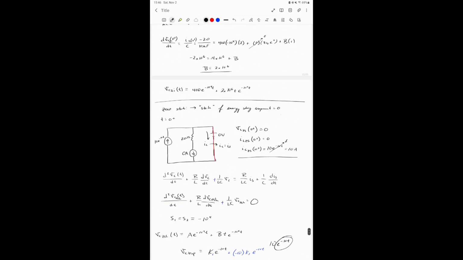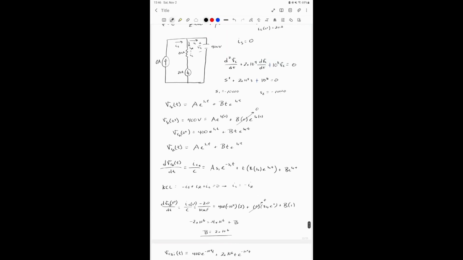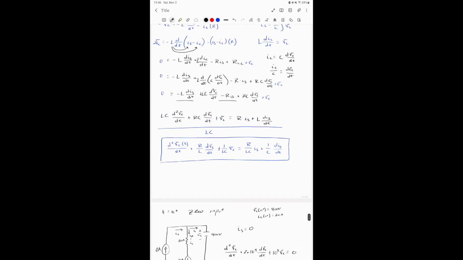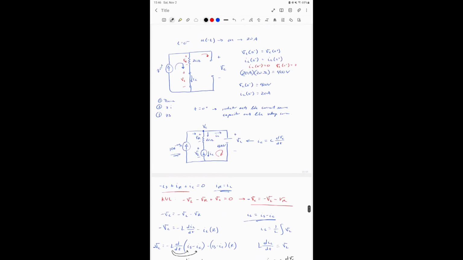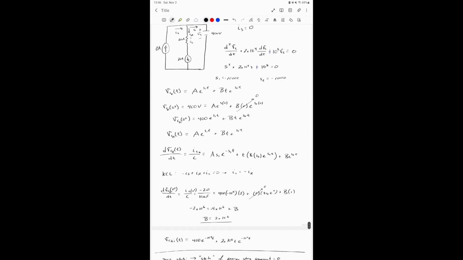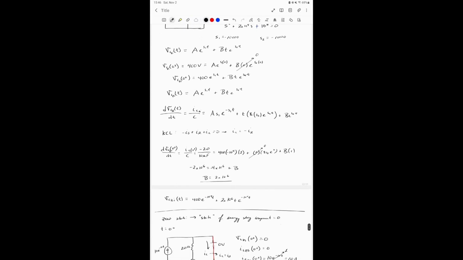I'm going to copy that because now I'm a little concerned. I don't want to be making further algebra mistakes. So let me copy that value from up here, wherever it was. Here we go, this right here.